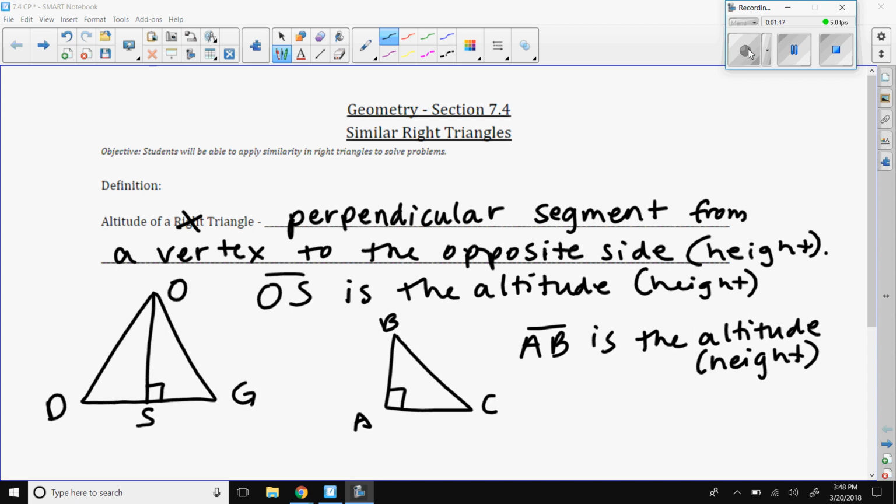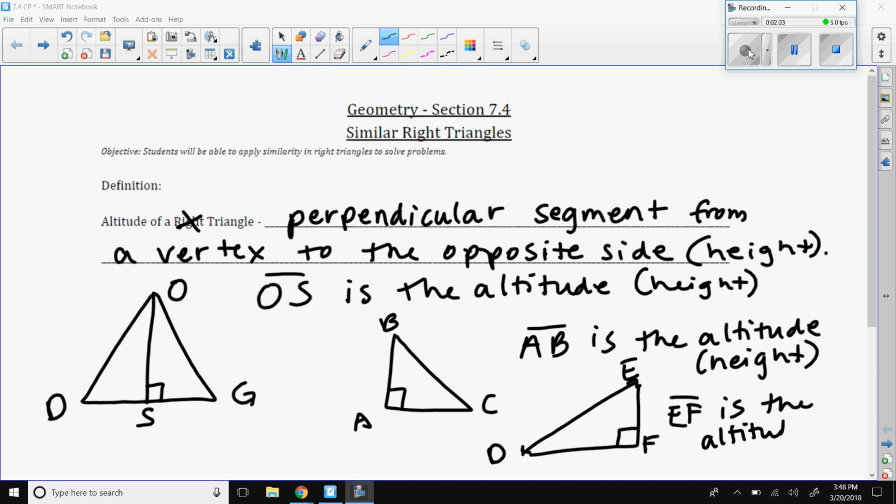If we have it going the other way, if you have this other triangle with a right angle, DEF, now EF is the altitude. So depending on what we're looking at, it's the part that's standing up, it's that height.